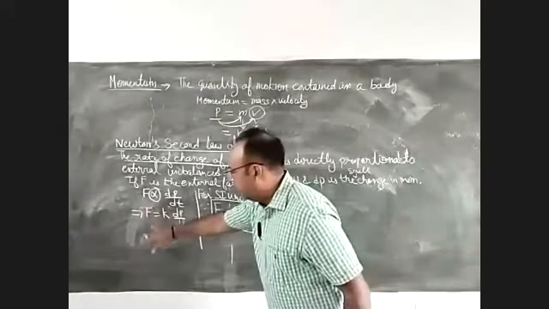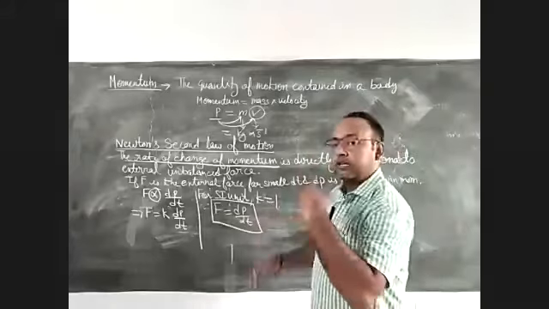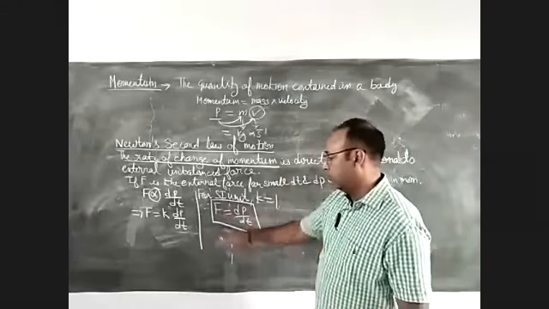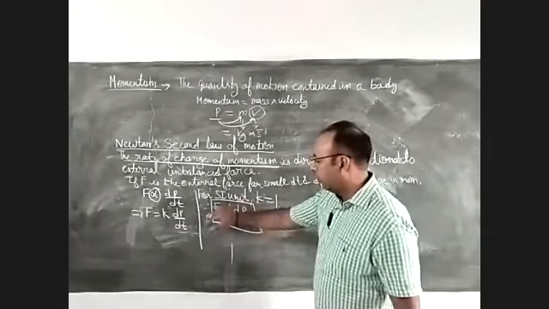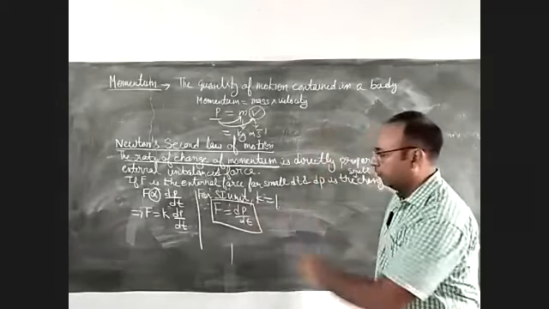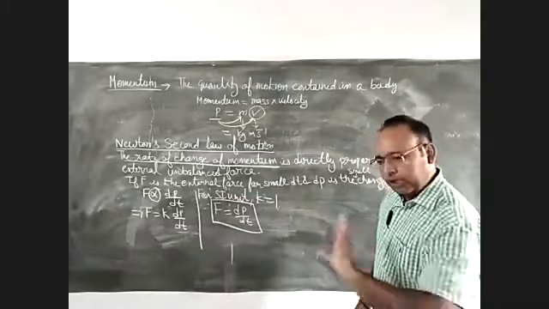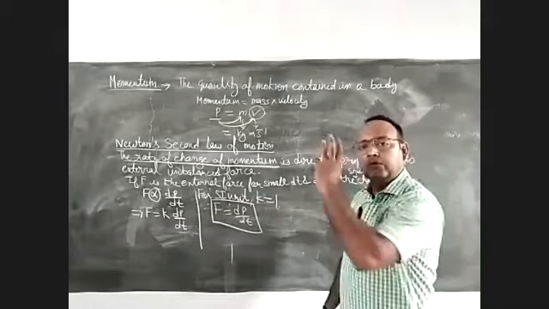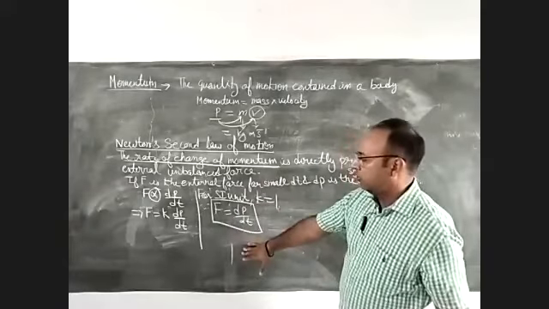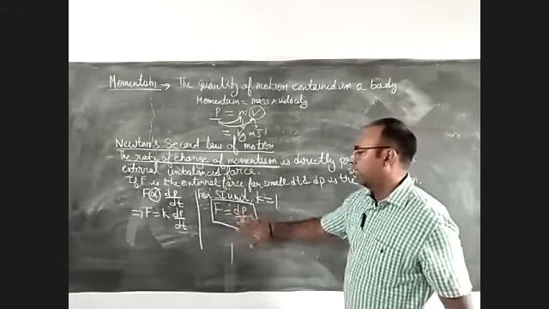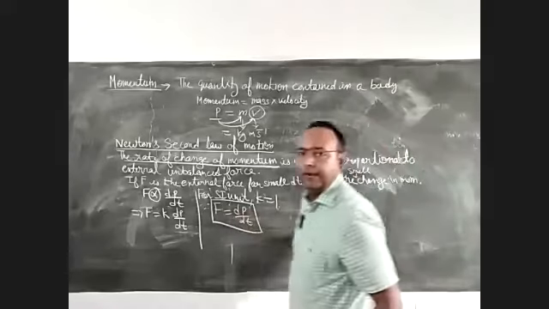I am telling you this because if you are using another book, in some books this form is also mentioned. I don't want anyone to think that we have not done this. There is another form given in the NCERT book that we are going to discuss after this derivation. I hope till here you have understood how force can be written as rate of change of momentum, right?